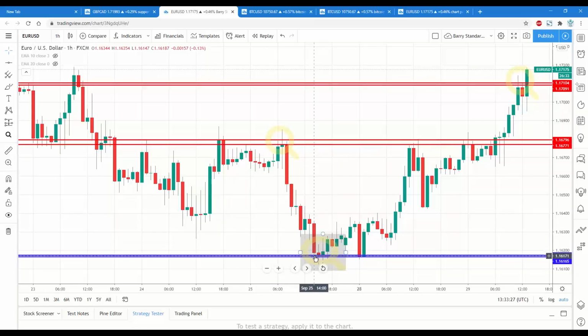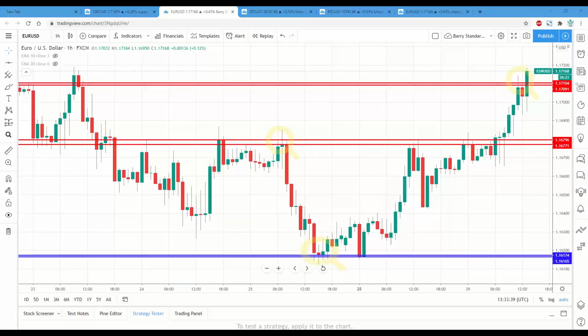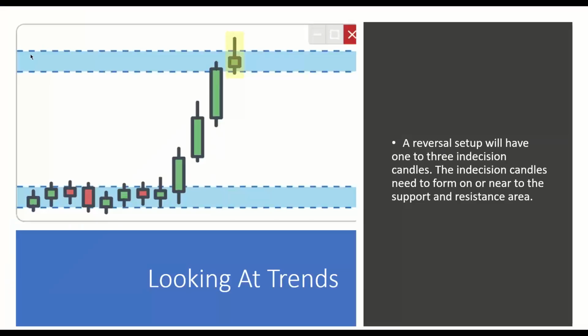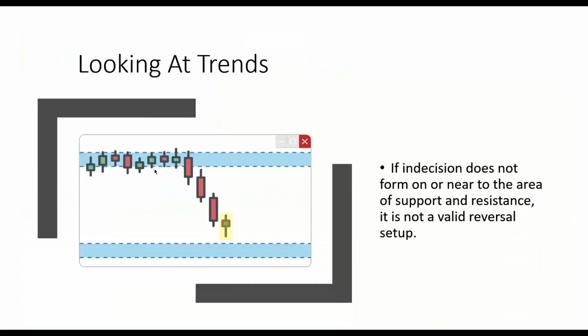But they need to appear on the level of support or resistance, and they need to appear after a preceding trend. If indecision does not form on or near the area of support or resistance, it's not a valid reversal setup.